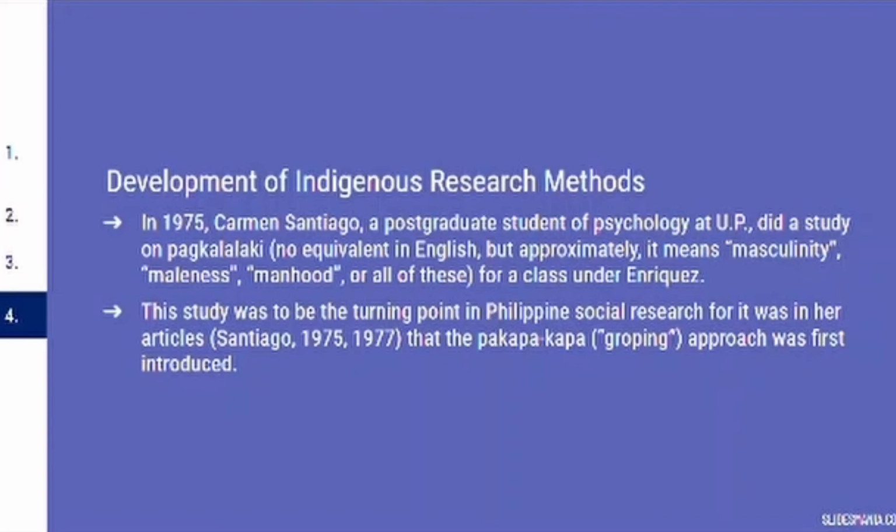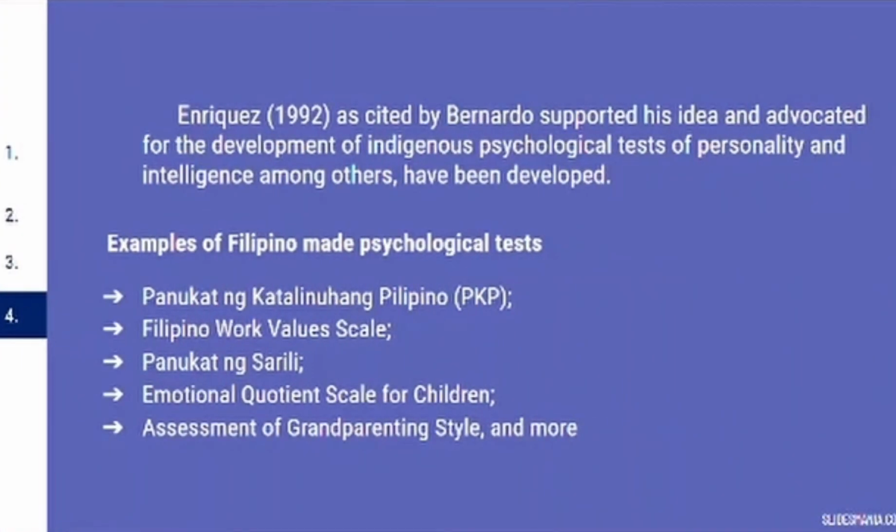This study was to be the turning point in Philippine social research, where it was in her articles, Santiago 1975 and 1977, that the pakapa-kapa or groping approach was first introduced. Enriquez 1992, as cited by Bernardo, supported this idea and advocated for the development of indigenous psychological tests, and personality and intelligence tests, among others, have been developed.